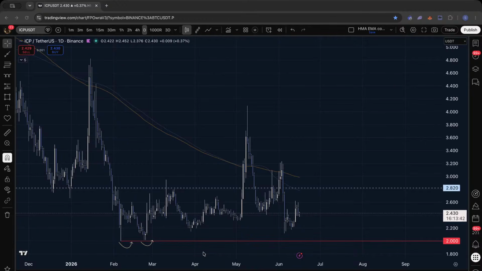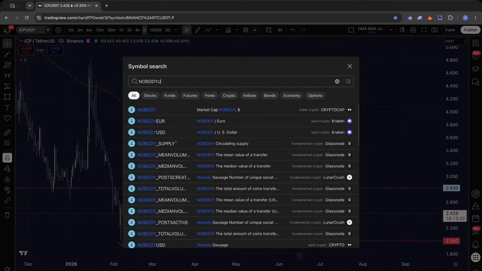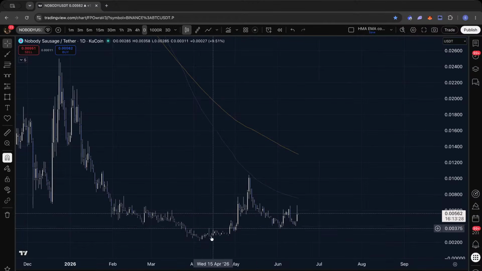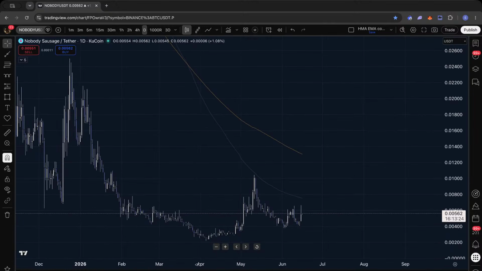Now let's go to, could you chart Nobody? Oh my God. Where do you guys find these coins? I'm really wondering. I mean, you have to do some extensive research to find crap shitcoins like that.